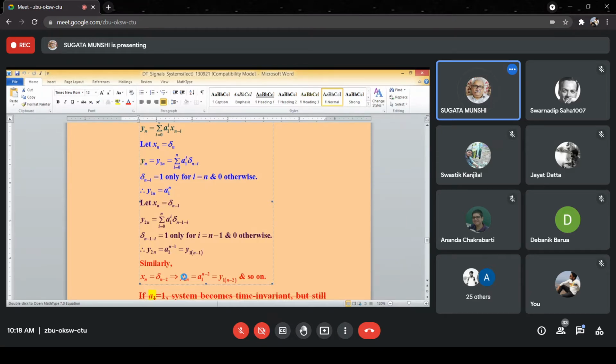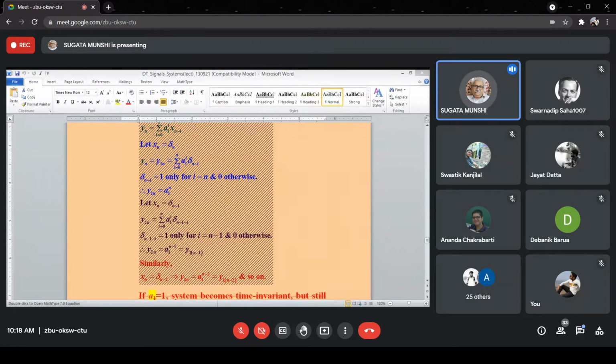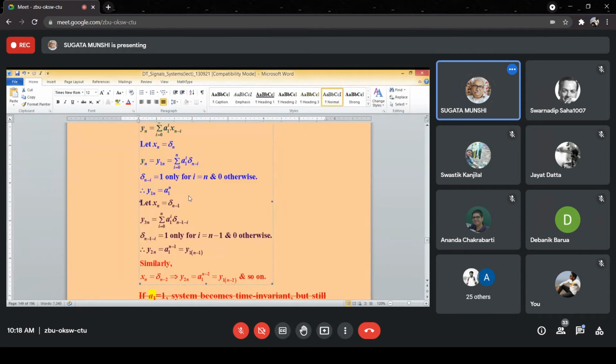So if you delay the input sequence by, say, small m number of samples, then your output also gets delayed by small m number of samples. That is the point. So this is a check for time invariance. Therefore, in this case, we have found that the system is time invariant.